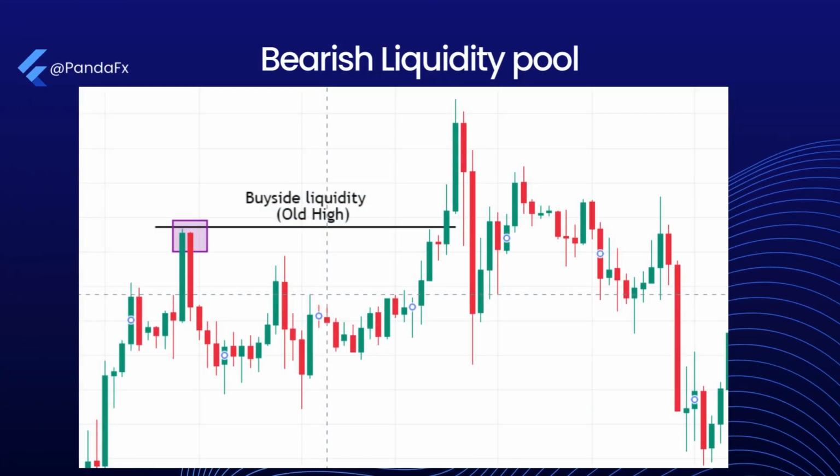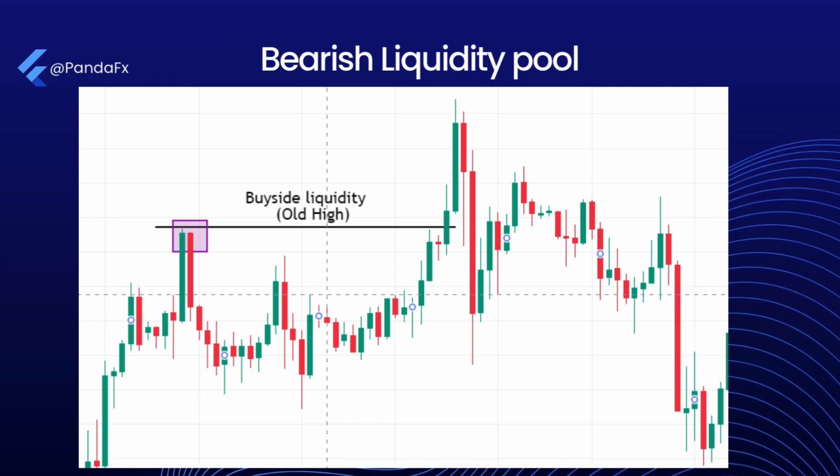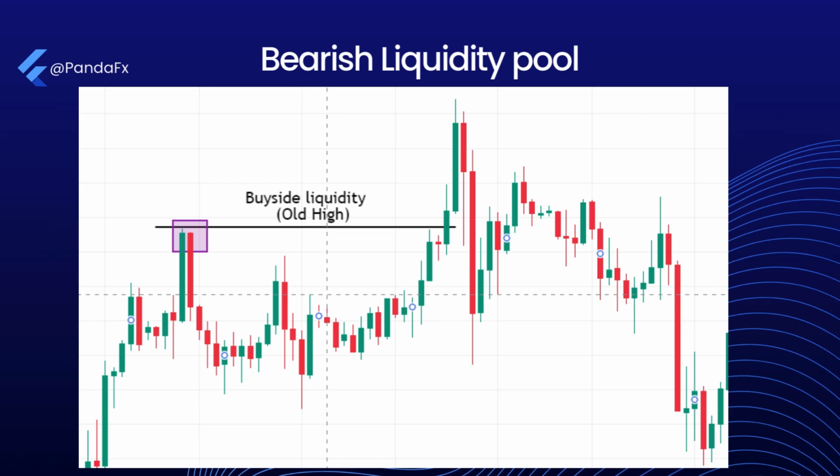This is an example of a bearish liquidity pool. After the market took out the old high, after gravitating upwards and taking out the old high, that's the high in the shaded portion, you see the displacement going down. Look at the last two down close candles, those big last two down close candles after they took out the old high, that's the red candles.